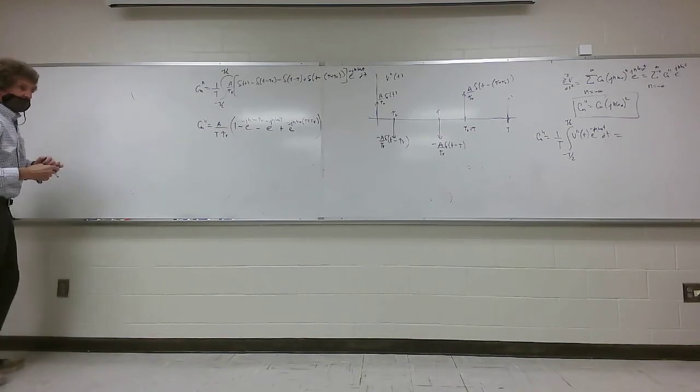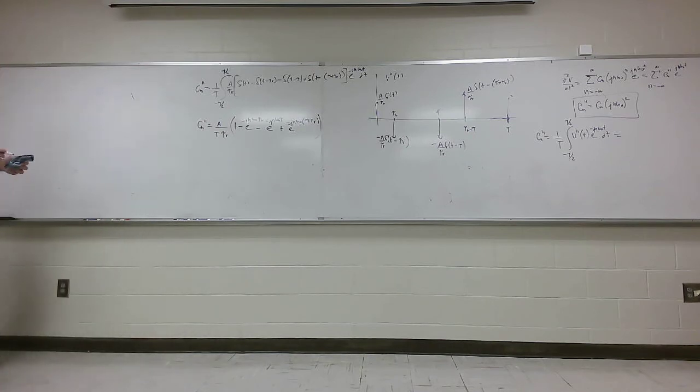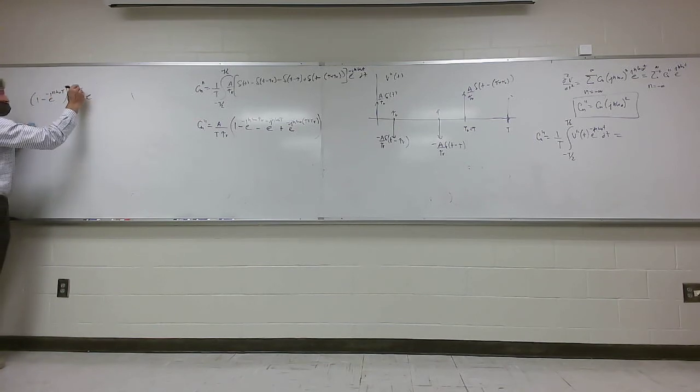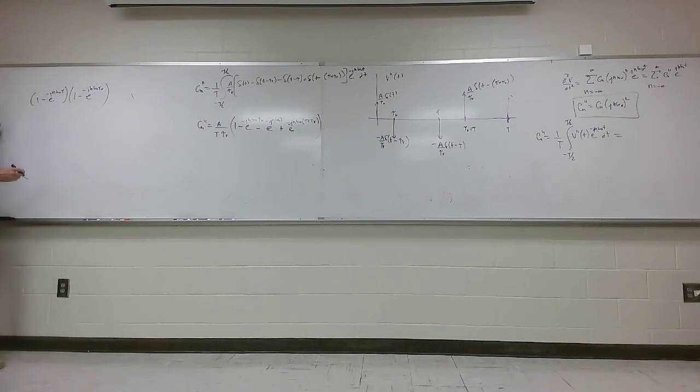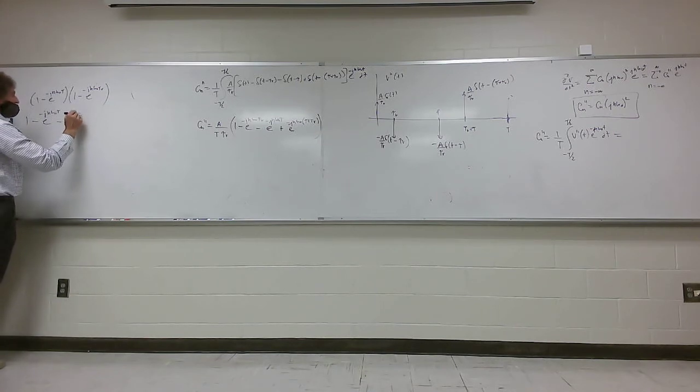All right? I'm going to show you something. If you take 1 minus e to the minus j n omega naught tau, 1 minus e to the minus j n omega naught tau rise, and multiply them, what do you get? 1 minus e to the minus j n omega naught tau minus e to the minus j n omega naught tau rise, right?